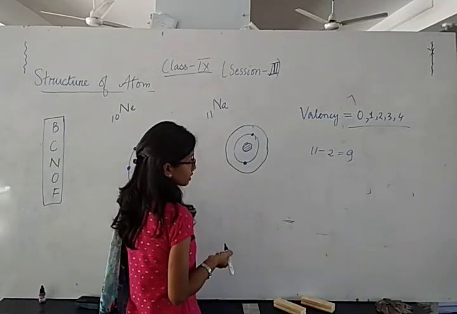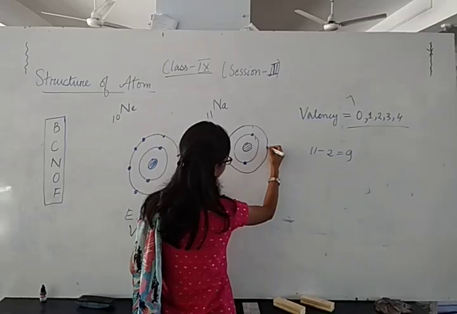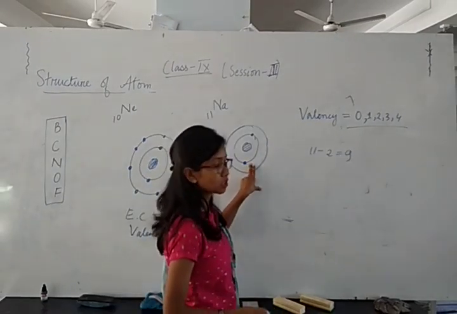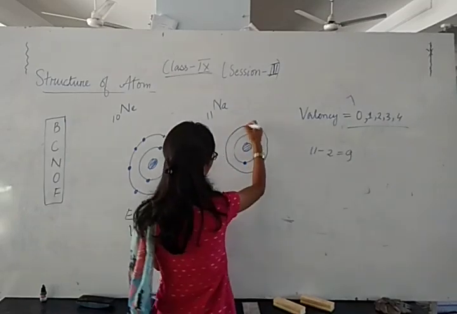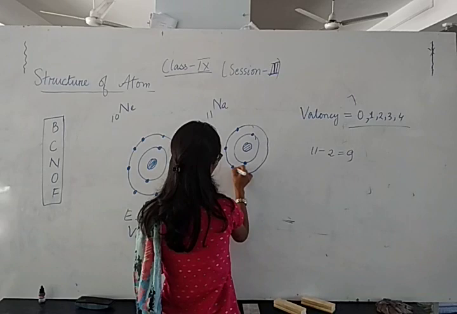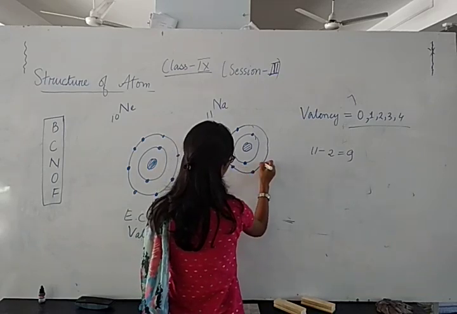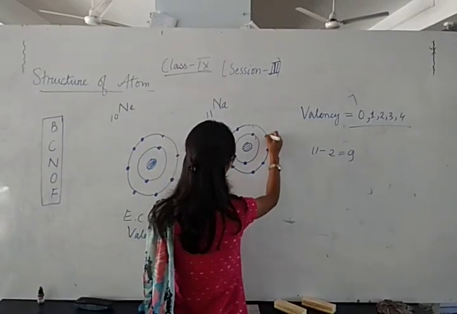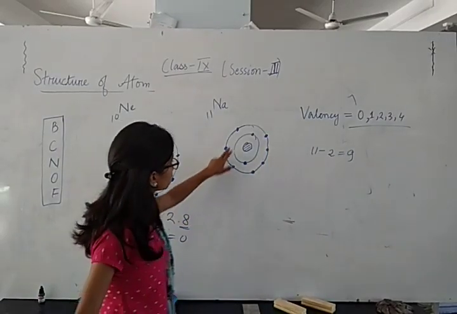The next 9 electrons will be accommodated in the remaining cells. You see, in the K cell the maximum capacity is 2. Next, what will be the number of electrons in the L cell? It is equal to 8. From the points that we discussed in the last session, you come to know about it. That is, the number of electrons in the L cell will be equal to 8.